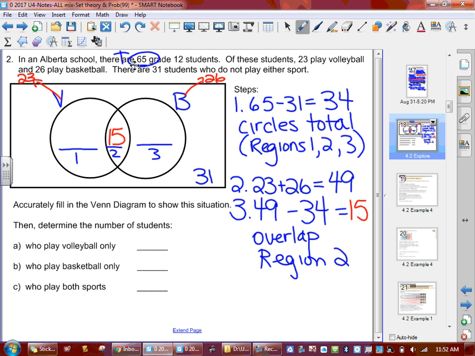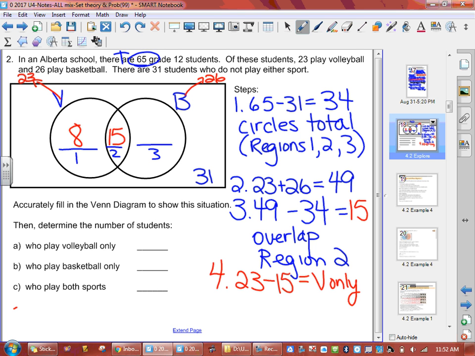So V only is going to be 8. I'm going to repeat that step for step 5. I'm going to take 26 and subtract the overlap to find the basketball only, which is going to equal 11.